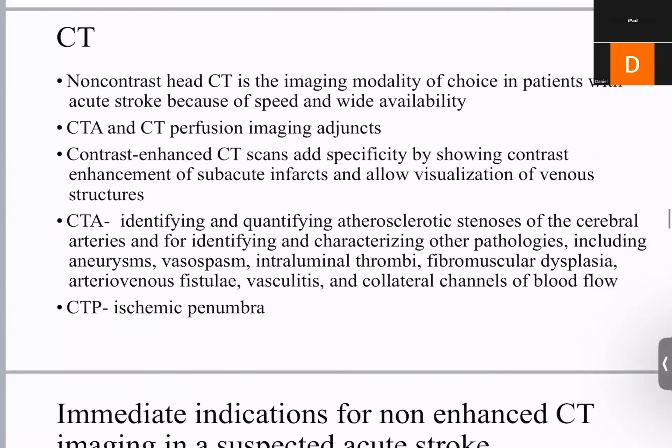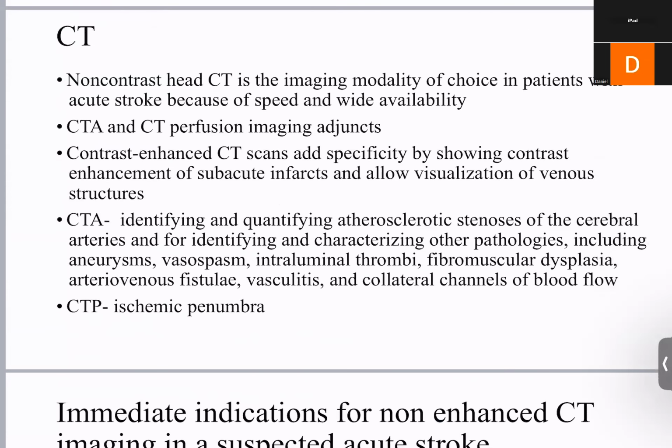Moving on to CT imaging, non-contrast CT head is the imaging modality of choice in patients with acute stroke because of its speed and wide availability. CT angiogram and CT perfusion imaging are adjuncts to the management of stroke. Contrast enhanced CT scans add specificity by showing contrast enhancement of subacute infarcts and allow visualization of venous structures.